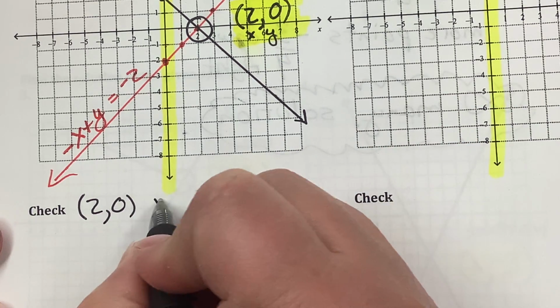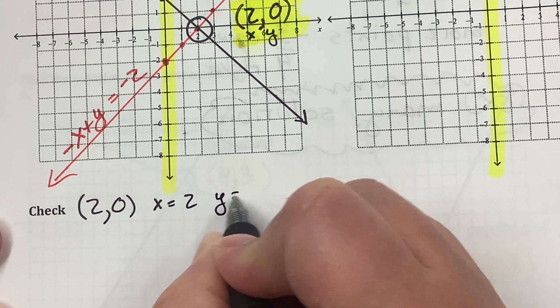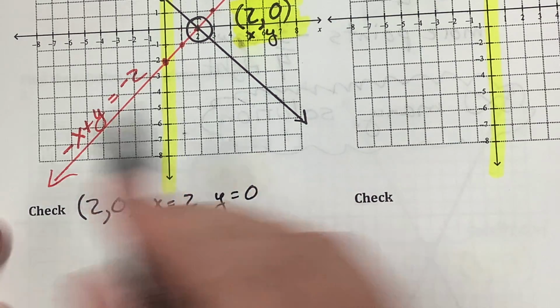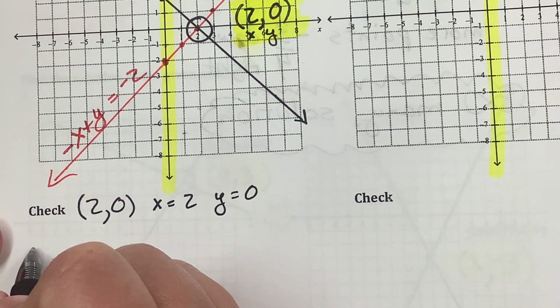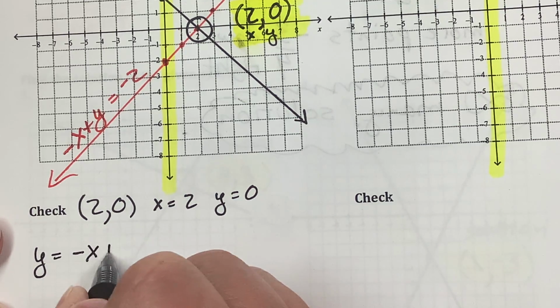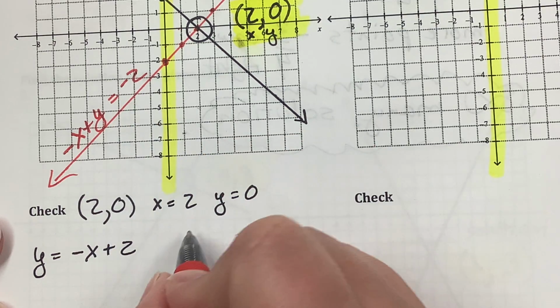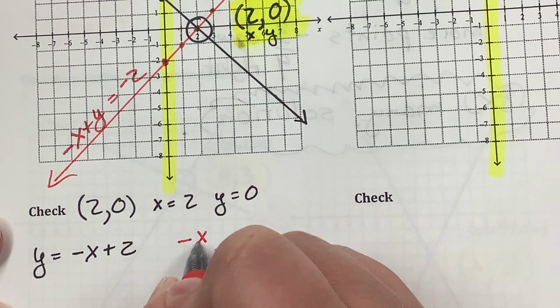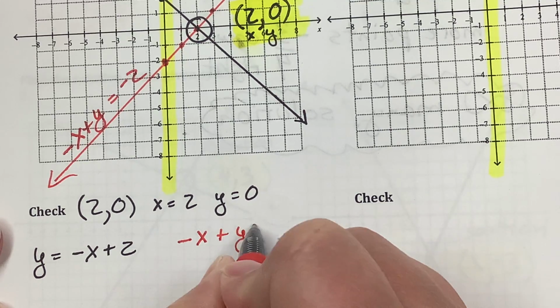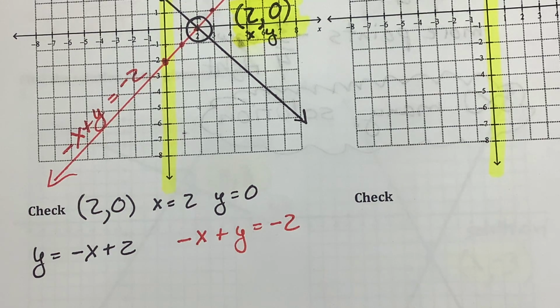So I know that x is going to be 2 and y is going to be 0. So I rewrite both equations. The first equation was y equals -x plus 2. And the second one, I have to go back to the original equation, -x plus y equals -2. So I'm writing down both my equations.